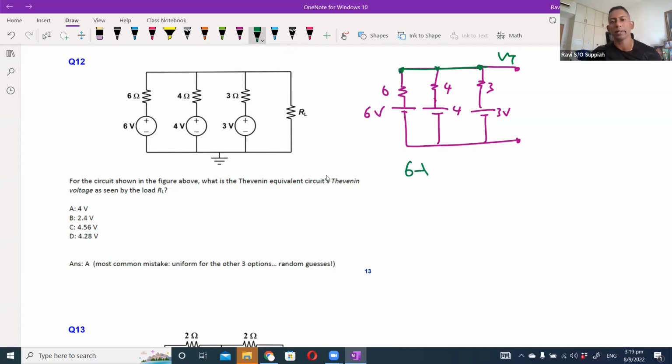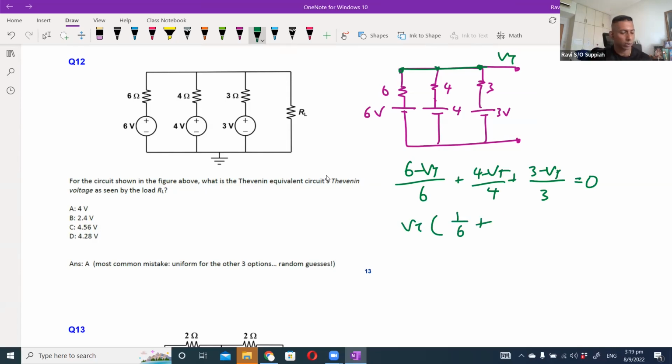So I can say 6 minus VT over 6 plus 4 minus VT over 4 plus 3 minus VT over 3 will be equals to 0. Then the rest is your normal maths. Then VT equals 4 volts. So the key thing is you can use your node analysis techniques to solve this.